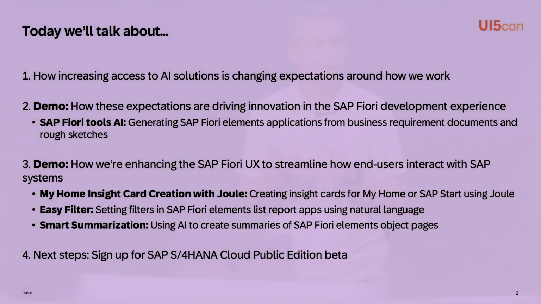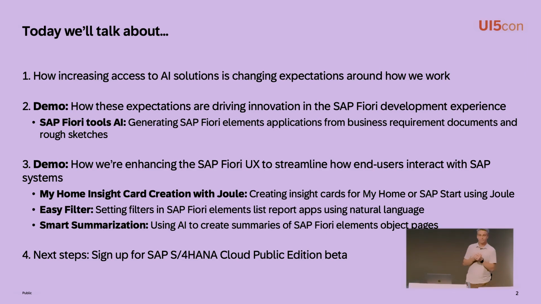Today's session, we divided into 4 parts. First part is a little bit of motivation about AI, why we do it, why you should probably be interested in AI technologies. Second part, I'm going to be in the role of a developer and create a Fiori Elements application from a business requirements document. The third part, Katrin is being a business user, an end user, using Fiori Elements, My Home, and SAP Joule, our digital assistant, powered by AI, and show you what's possible there.